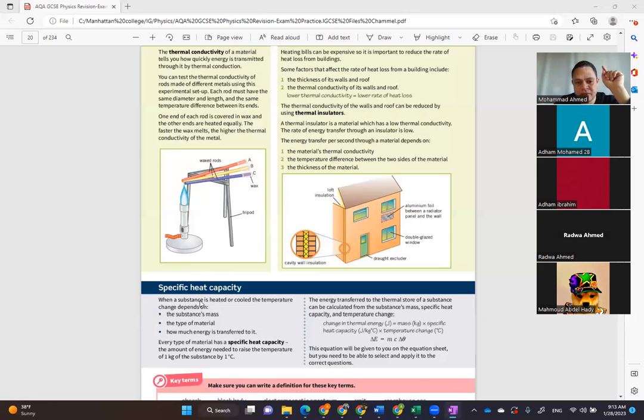Every material has its own specific heat capacity. Specific heat capacity, by definition, is the amount of energy needed to raise the temperature of 1 kilogram of substance by 1 Celsius.